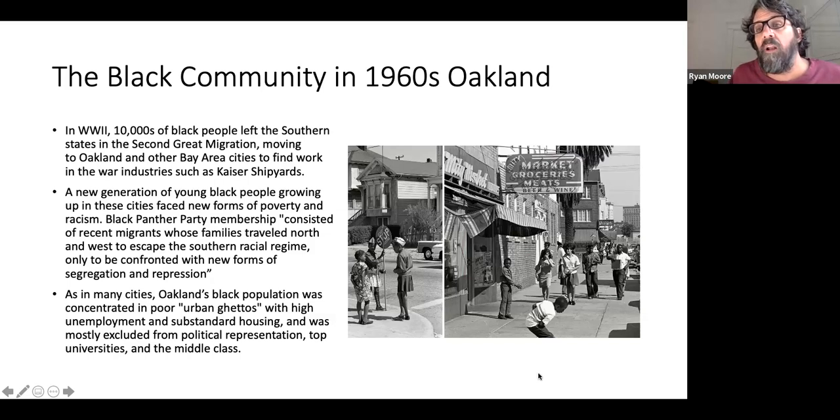So you have this deterioration and disinvestment taking place within the inner cities in the 1960s. That goes back to that earlier lecture on housing and the racial wealth gap.